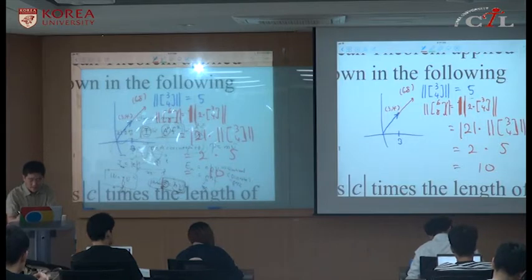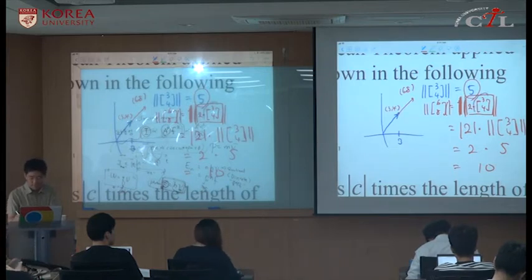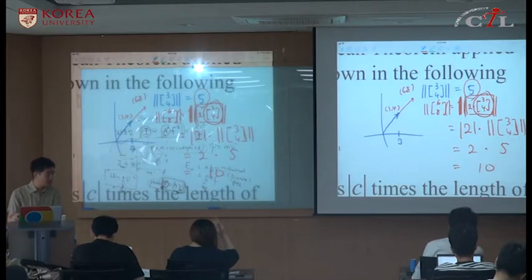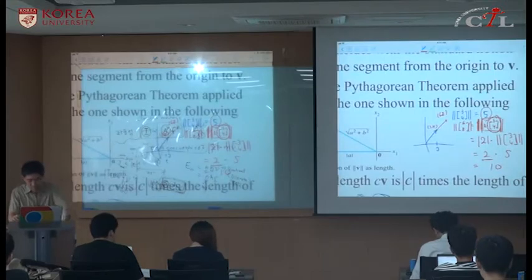So if the original vector length was 5, then to compute the length of the scalar multiple, we first compute the length of the original vector and then multiply it by the scalar.